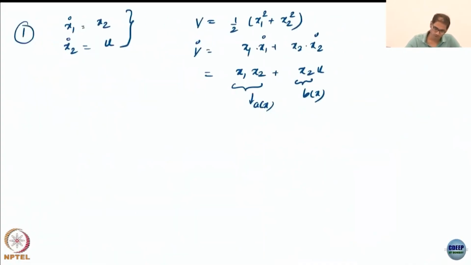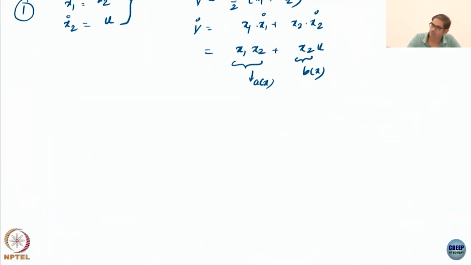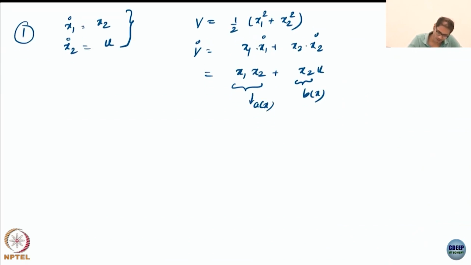And what do I want for a CLF? What is the CLF requirement now? Well, first of all, it is a candidate Lyapunov function anyway, so that's done. What is my requirement for CLF?